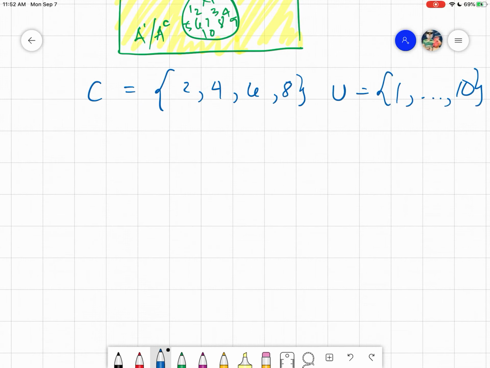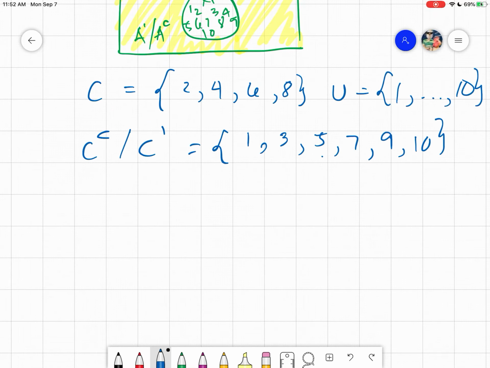So, ibig sabihin, if you're being asked what is C complement or C prime, the answer is just simply 1, 3, 5, 7, and 9. And also we have 10. So, yun lang yung elements ng complement natin.